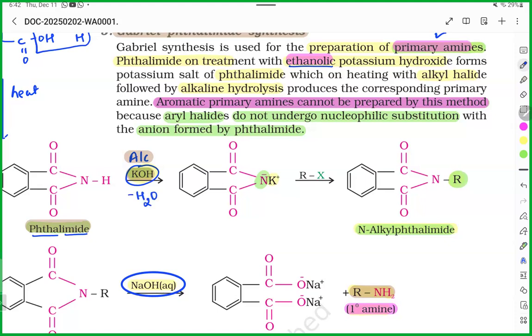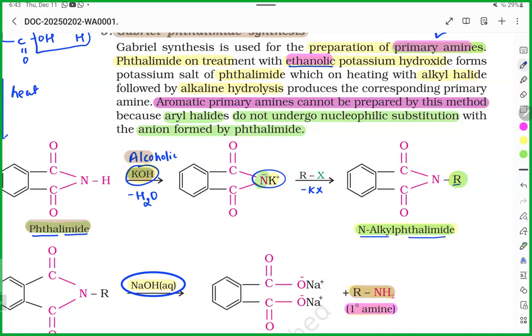Now, guys, tell me, everywhere you can link the concept of alcohol we studied in the last class. You will remove water, and if you remove water, you will get potassium salt. Next, if you add alkyl halide, KX will be removed. You will add R. This is an alkyl phthalimide.